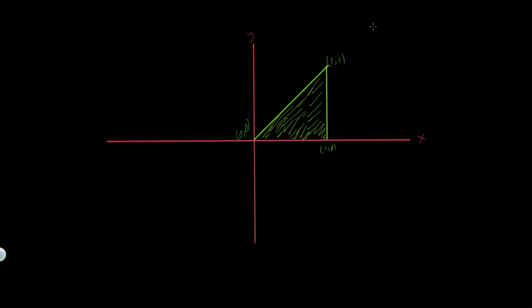We can just refer back to our geometry formula: area of a triangle is equal to 1/2 base times height. In this case, the base is just the length of this point to this point, which is just 1, and then this point to this point, which is also just 1. So we plug those values in and we get 1/2 as our area.